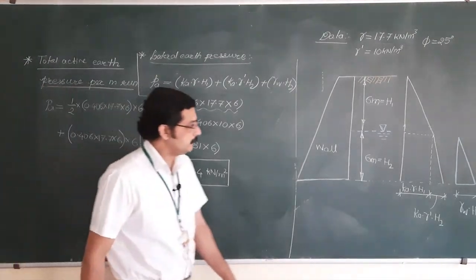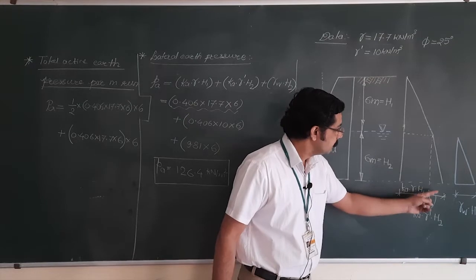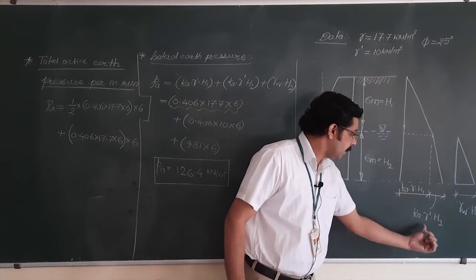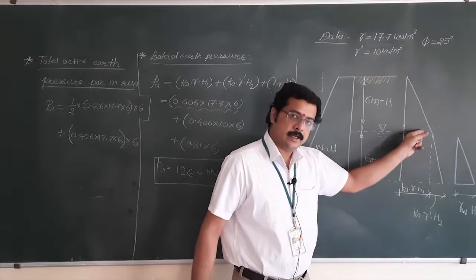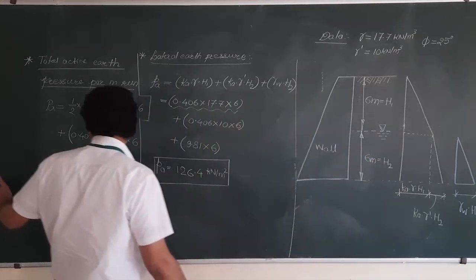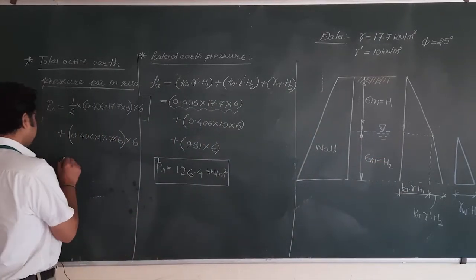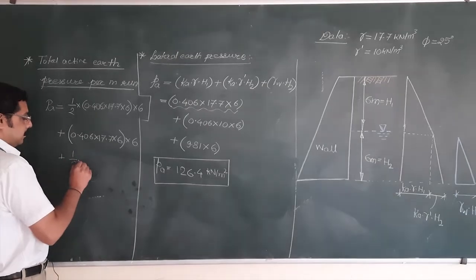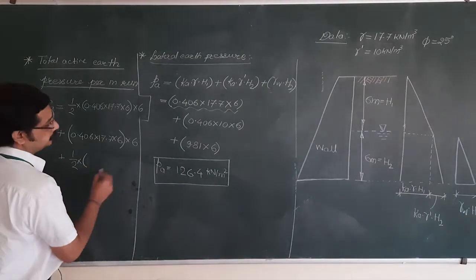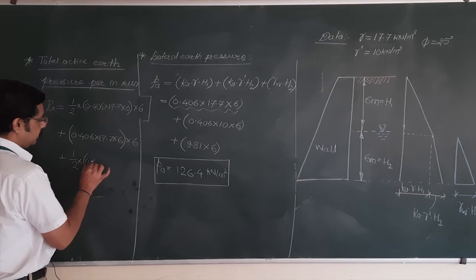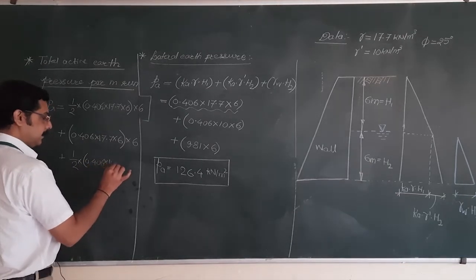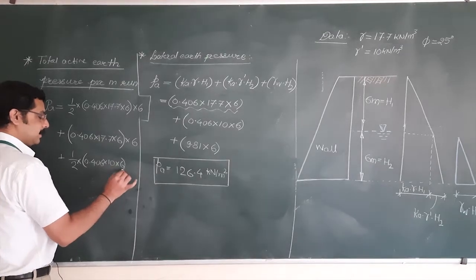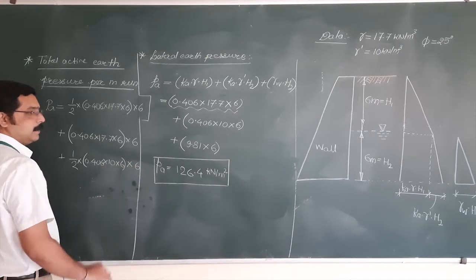Thereafter, area of this triangle. Half base, which is Ka, gamma submerged into H2, multiplied by height. So here this will be plus half, base is 0.406 multiplied by 10 multiplied by 6 multiplied by height of the triangle.